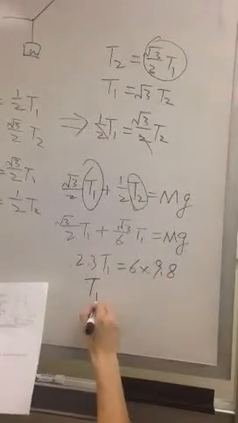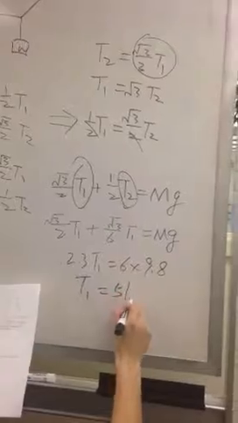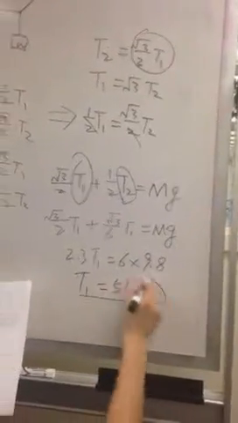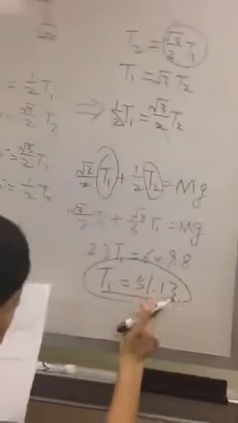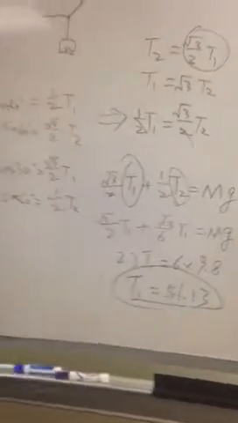And then you got T1 equal to 51.13. It should be some number close to this.